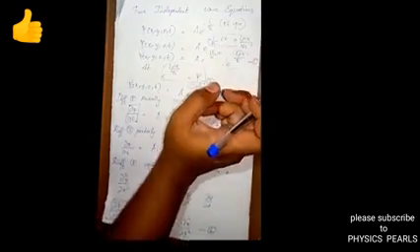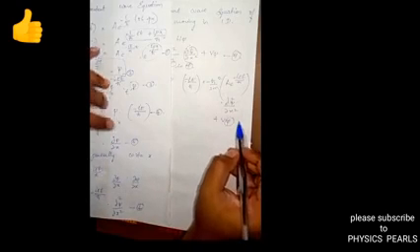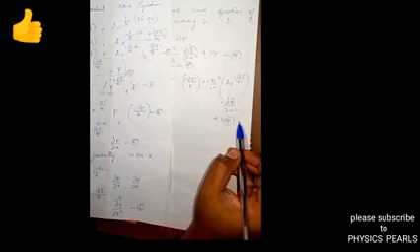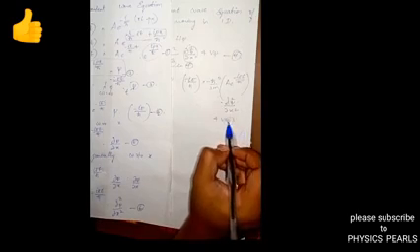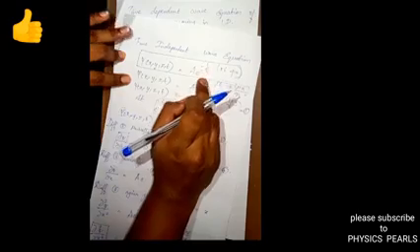Now in the place of psi near the potential energy, we are going to substitute the value of psi from this equation, that is A e power minus i by h cross into (E t minus p x).